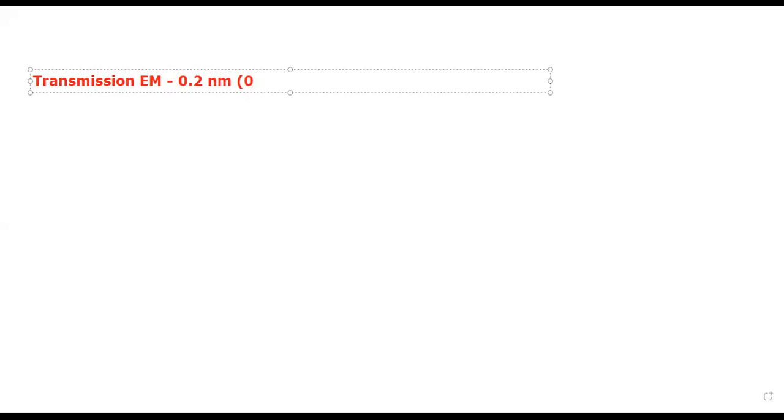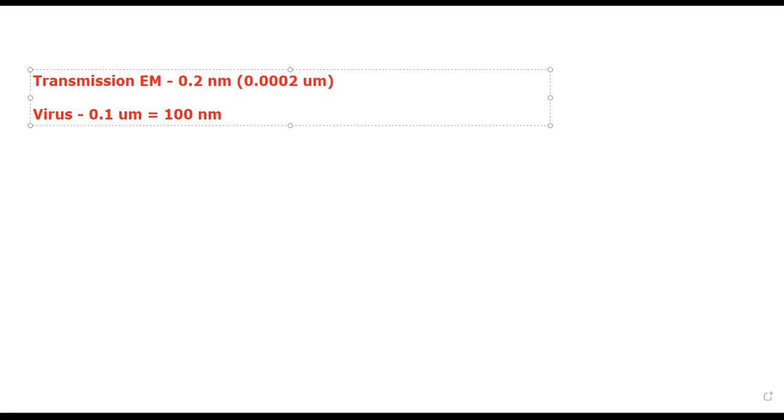It is actually 0.0002 micrometer. Understood? Yes, sir. So now tell me, can you notice a virus? Virus size is 0.1 micrometer, which is equal to 100 nanometer. So using a transmission electron microscope, can you observe a virus?